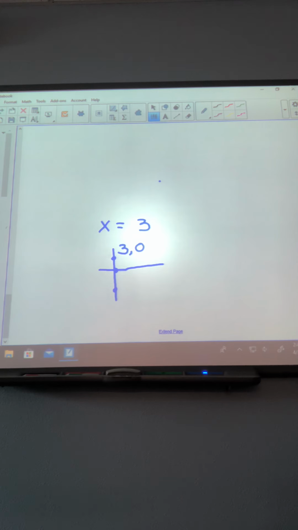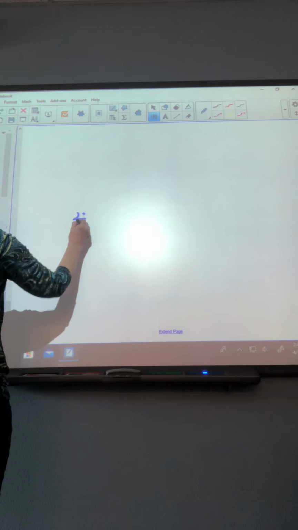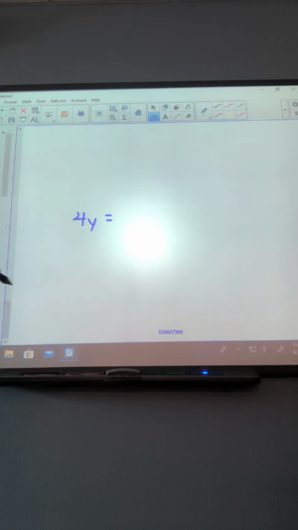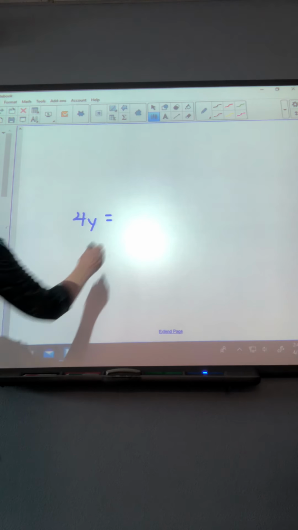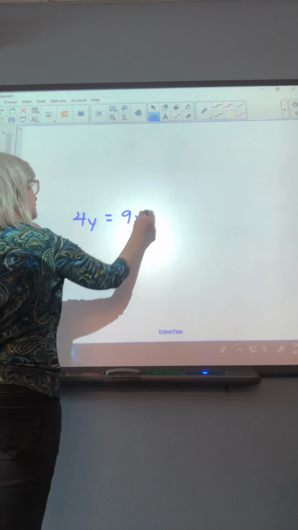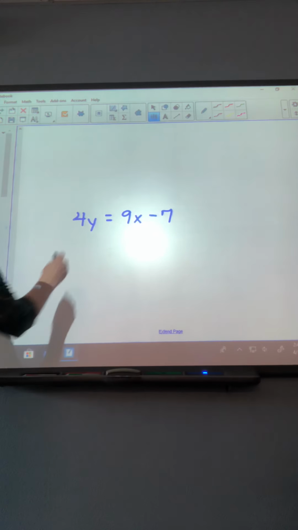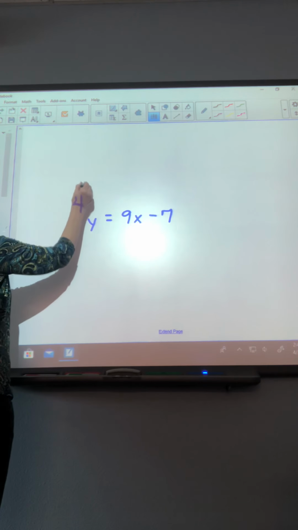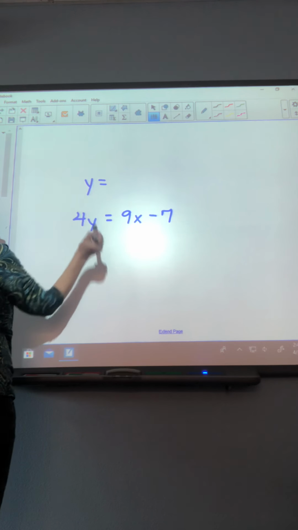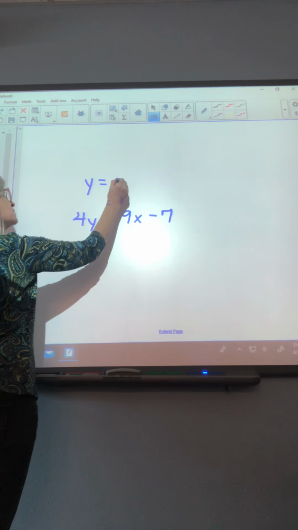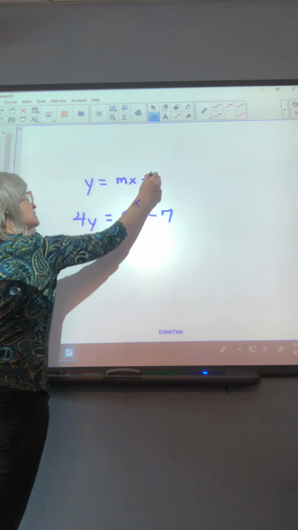And then let's look at that last one, which is F. So for F, we've got 4y is equal to 9x minus 7. So what we need to do with this one is rearrange it so that we have y is equal to mx plus b.